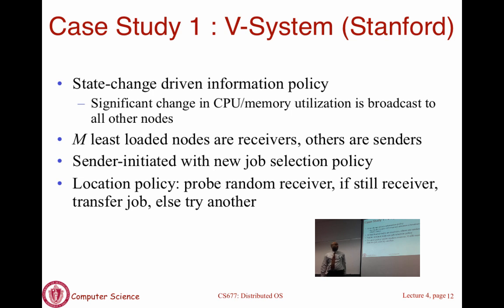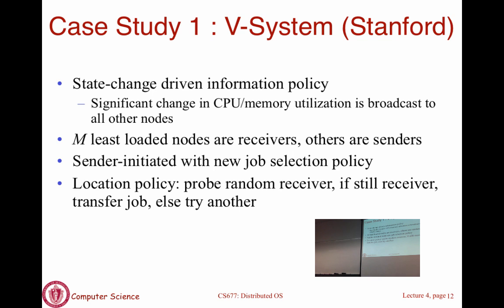Okay? Location policy was you look at the load table for all the machines, okay? Pick the M least values there, and that's your candidate list. And you don't directly send a job, you actually first probe the node and check that the load information you have is still accurate, because load can change.